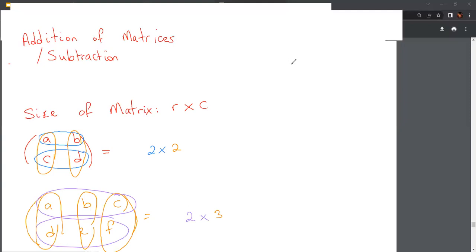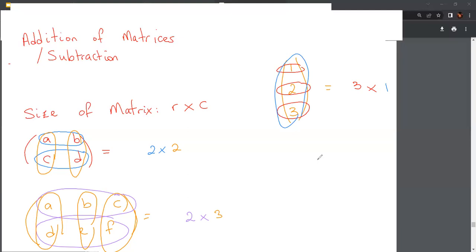If they gave us one like this, and they asked us what's the size of this matrix, you check your number of rows, 1, 2, 3, by your number of columns. I have 1 column. So this is a 3 by 1 matrix.